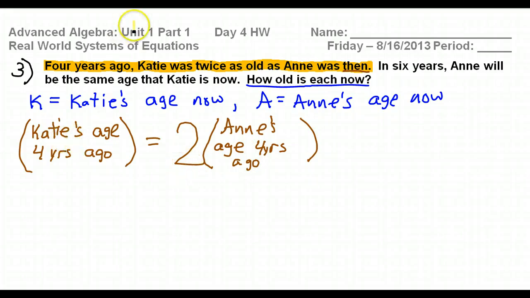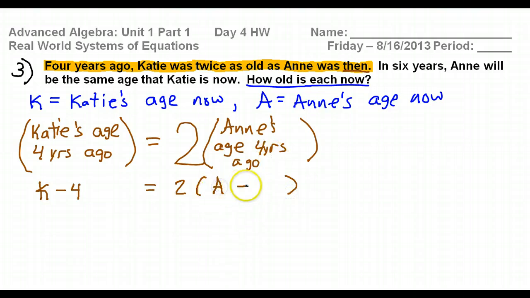Now, what's an expression for Katie's age 4 years ago? Well, that would be Katie's age now minus 4. What's an expression for Anne's age 4 years ago? Well, that would be Anne's age now minus 4.